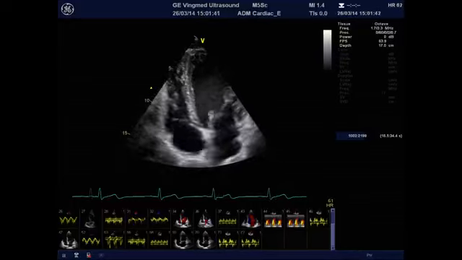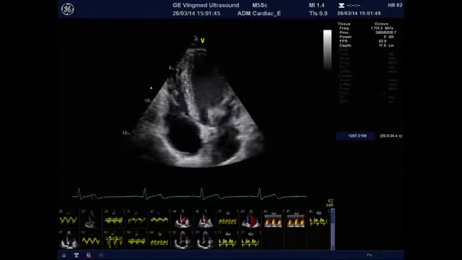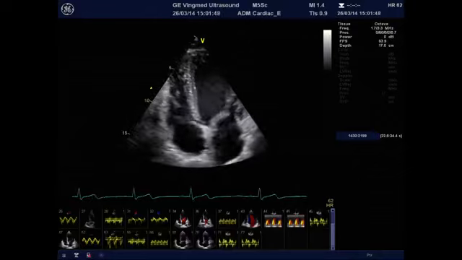What we will do for that, again, we start from the apical four-chamber view, and this time we focus on a single wall.